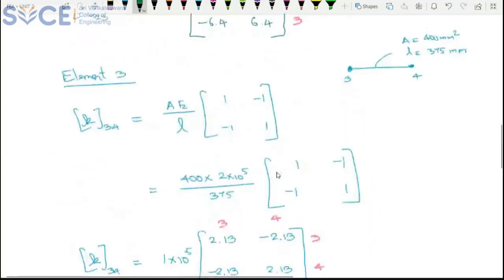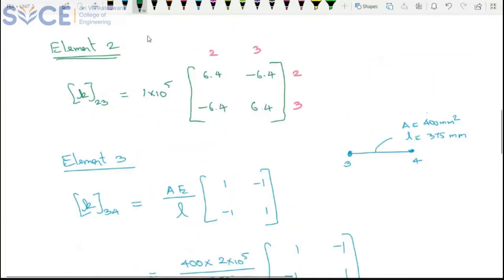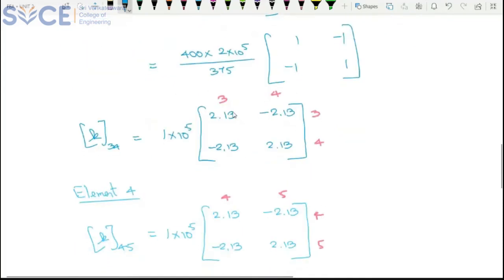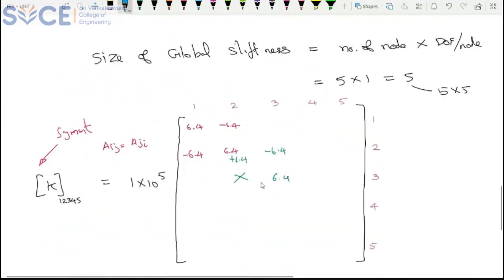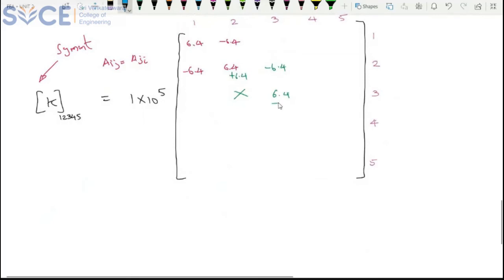Next, we will go for element 3. So when you go for element 3, you can see that element 3 is connecting 3 and 4. So where is my 3? 3 is here. So 3 cross 3. So what is the value? It is 2.13, right? So plus 2.13, minus 2.13.